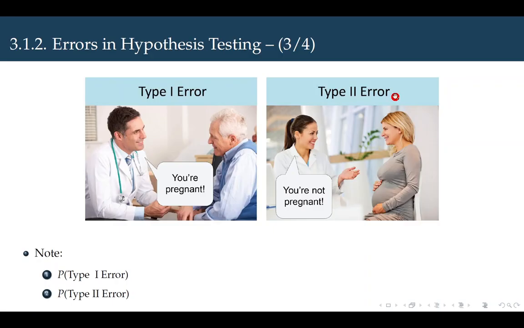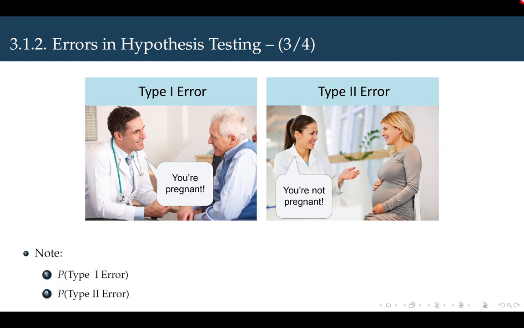So the null hypothesis, no pregnancy, is rejected here, which is actually true. Type 1 error. No pregnancy is false for this woman. This false null hypothesis is not rejected. Therefore, it is type 2 error.